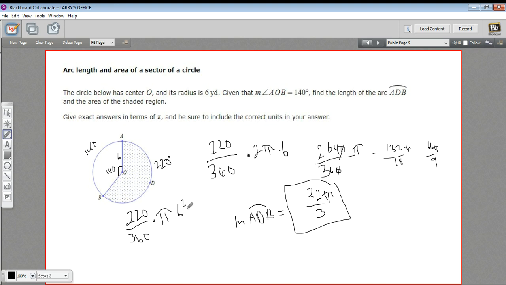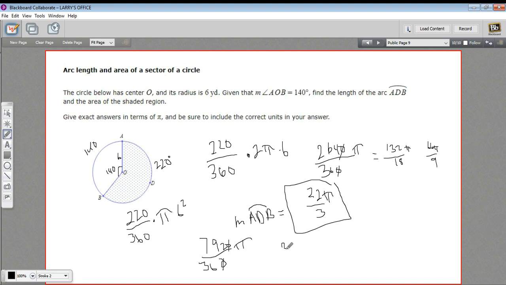All right, and now we can do some simplification here too. So 6 squared is 36. Multiply that by 220, and we get 7920 over 360. We've got our pi still hanging out here. We can divide both sides by 10. We can divide this by 2.